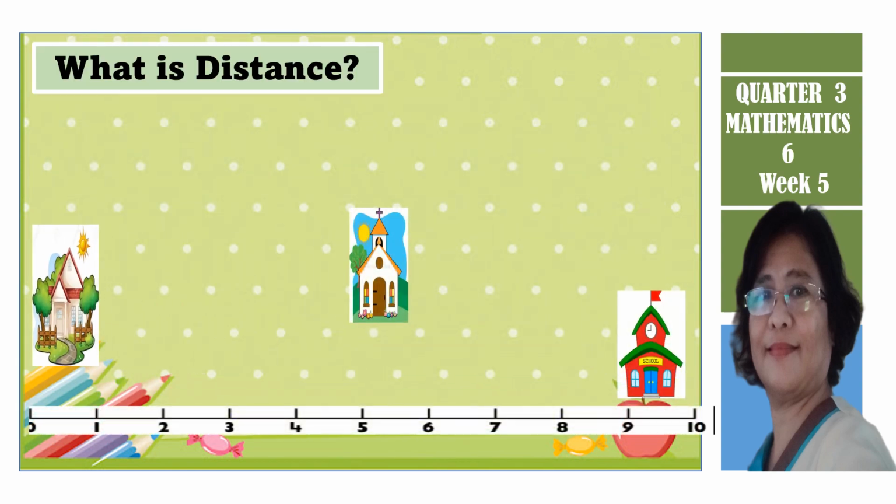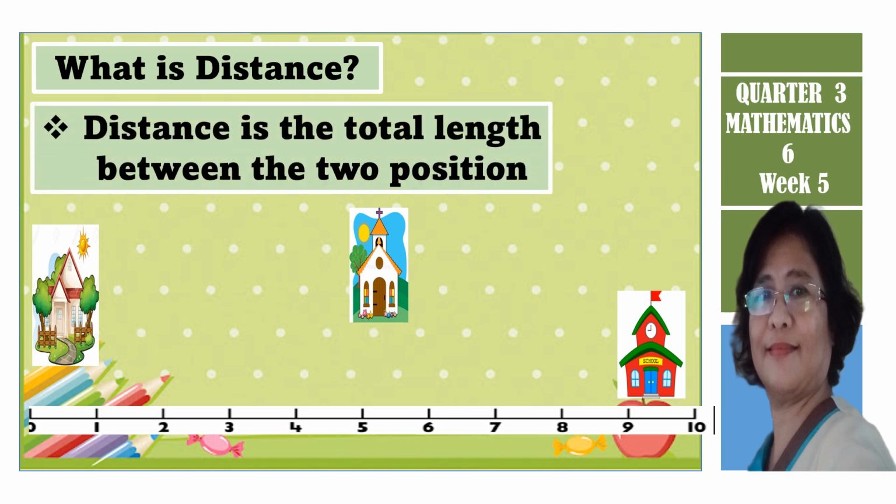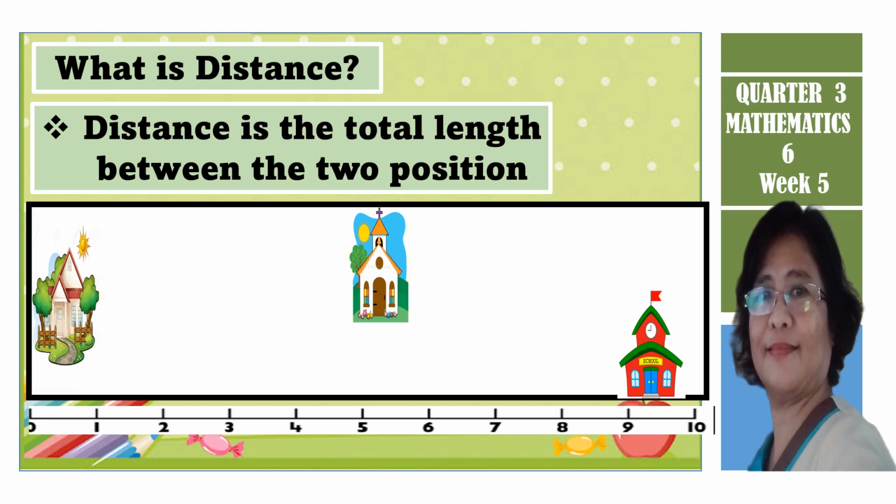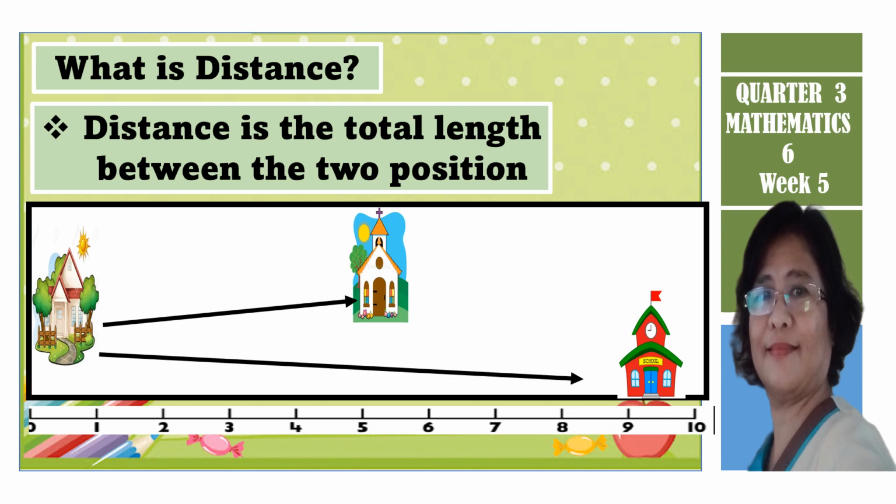What is distance? Distance is the total length between the two positions. The length between the house and the church is the distance between the two objects. We also have the distance between the house and the school. Using the number line below, can you measure the distance between the house and the church?